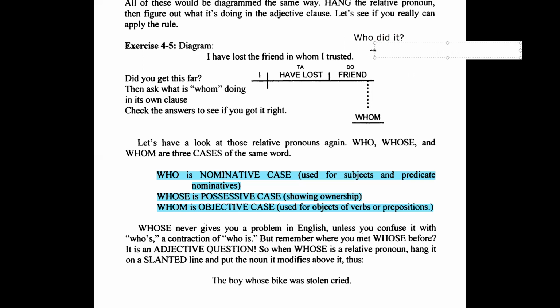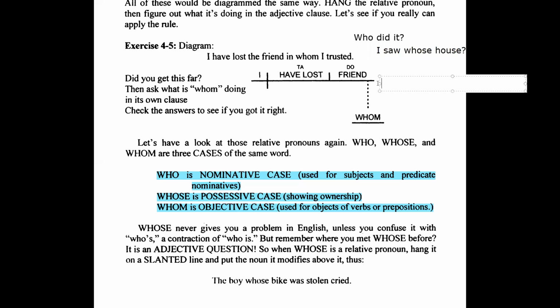If I said, I saw whose house? The whose is modifying house. That's the possessive case. What about the objective case? Whom, right? I saw whom? Or you saw whom?